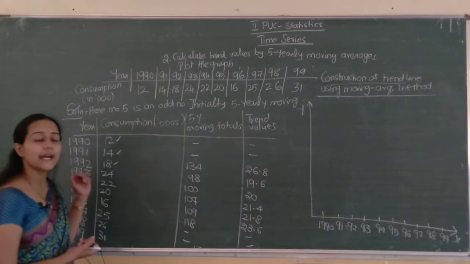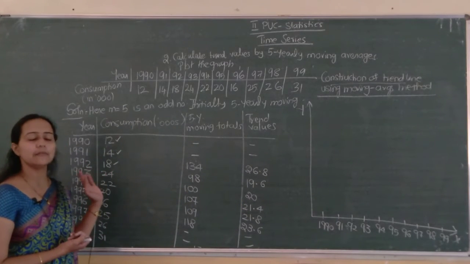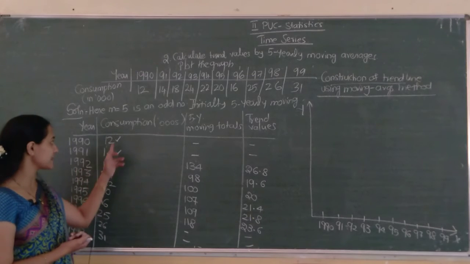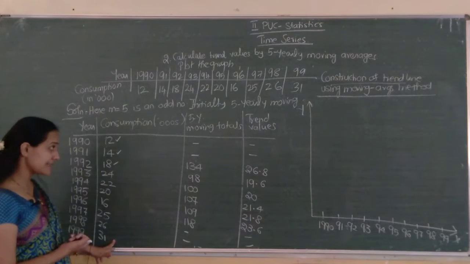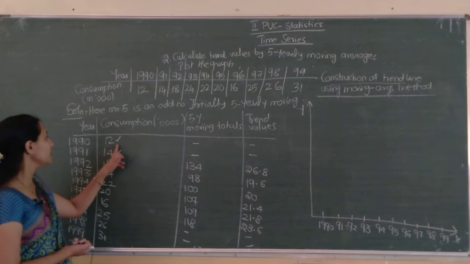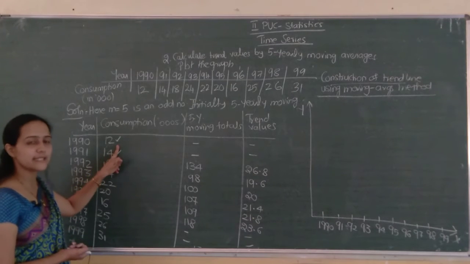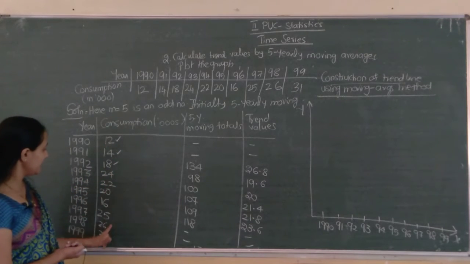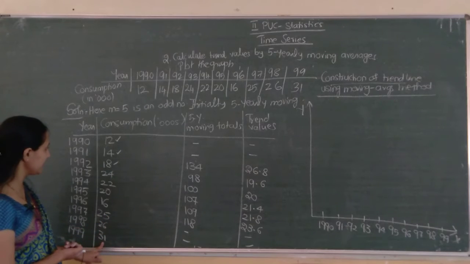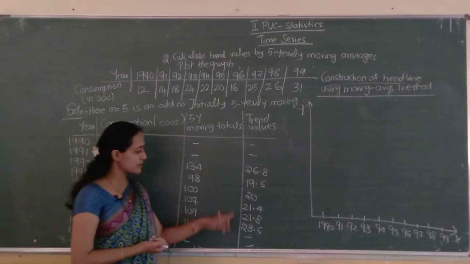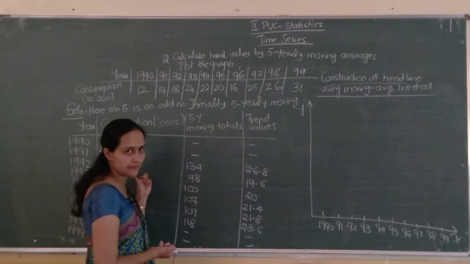See, while drawing the graph or while taking the scale along y-axis, just see this one and the trend values. The consumption lowest is 12 and highest here it is 31. Correct na? Highest and lowest are in between this only.